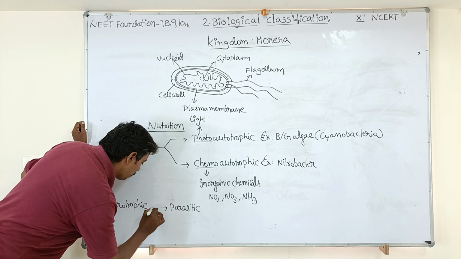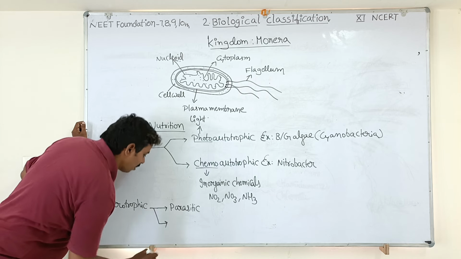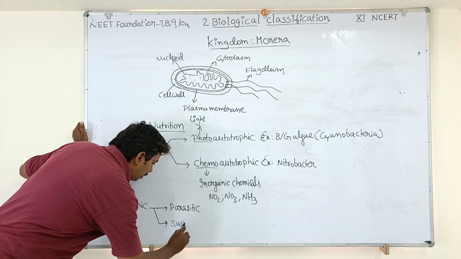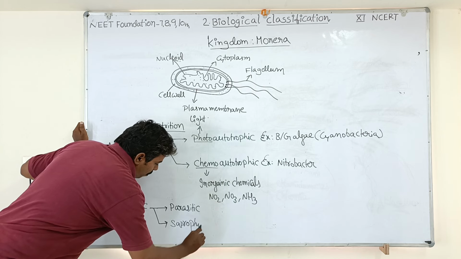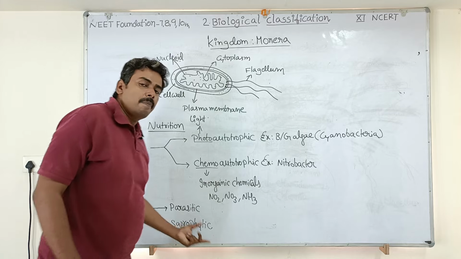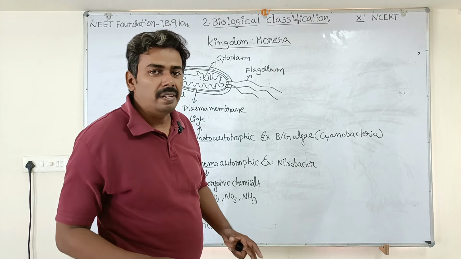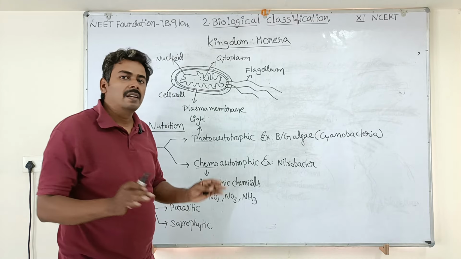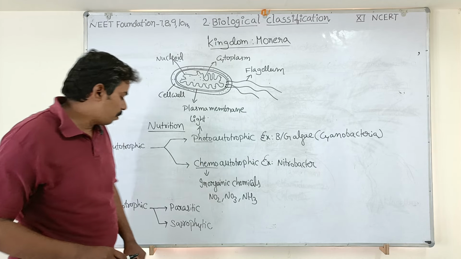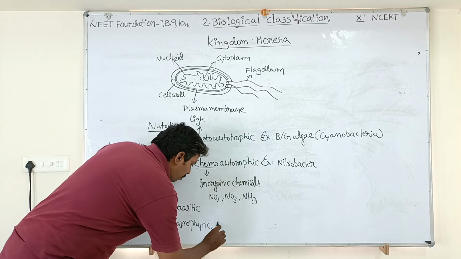The second type of heterotrophic nutrition is saprophytic. Saprophytic nutrition. Here the bacteria depend upon the decomposing waste material. They do not depend on other organisms for food, but they depend upon the decomposing waste.